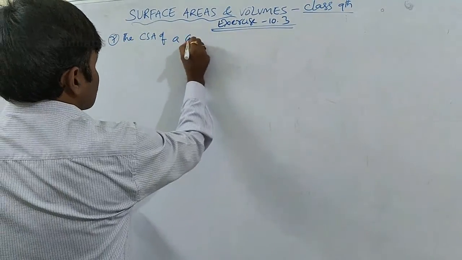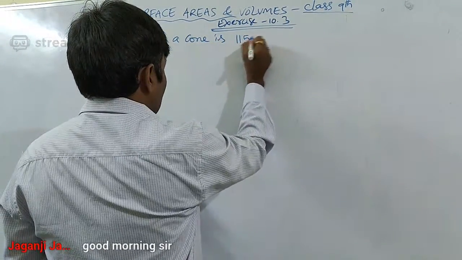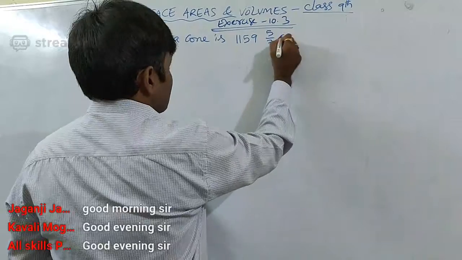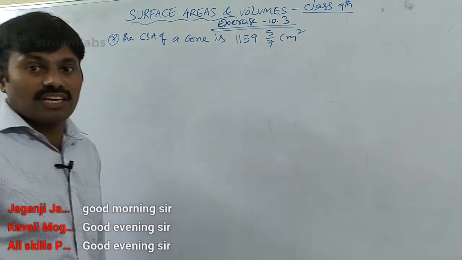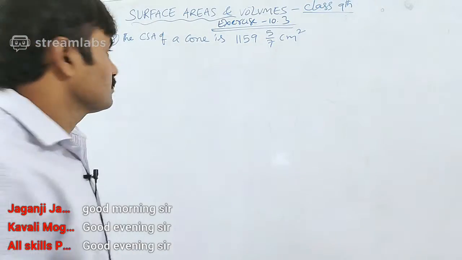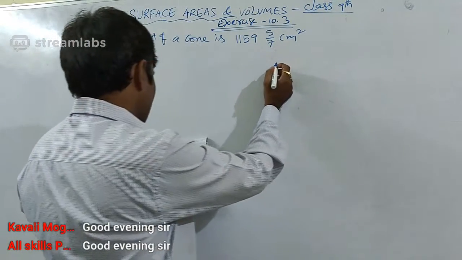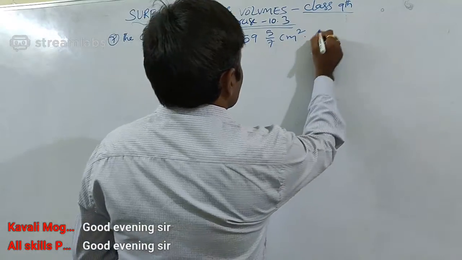The curved surface area of a cone is 1159 5 by 7 centimeters square.